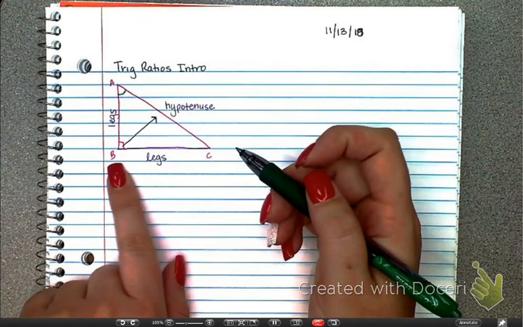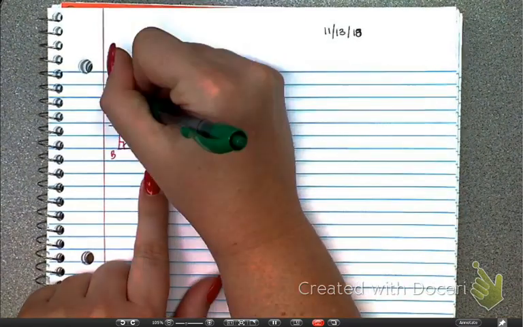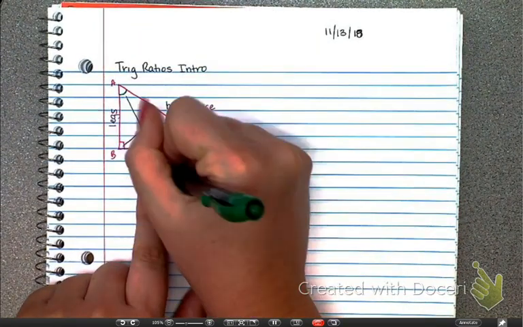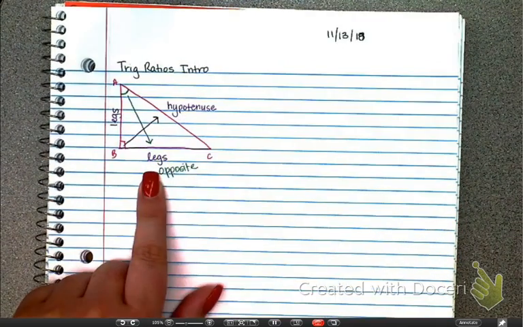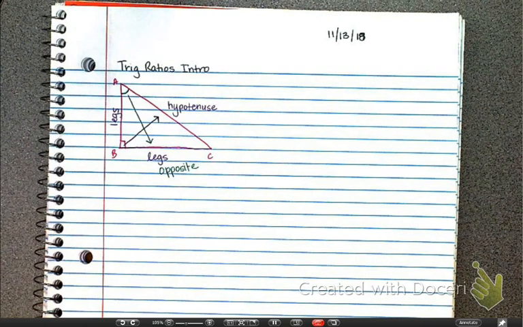Now, this leg over here is opposite of angle A. So this is my opposite side from angle A, because angle A is my reference angle. Across from angle A is my opposite side.